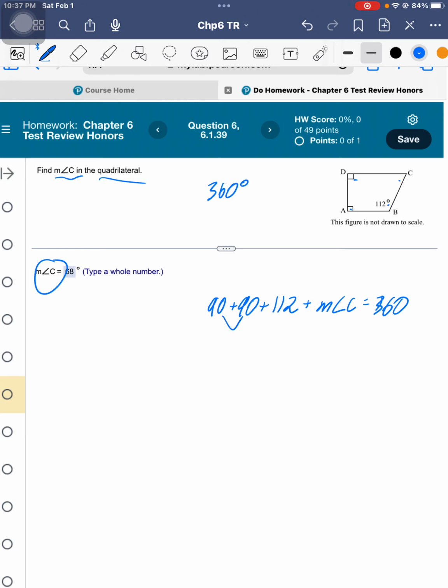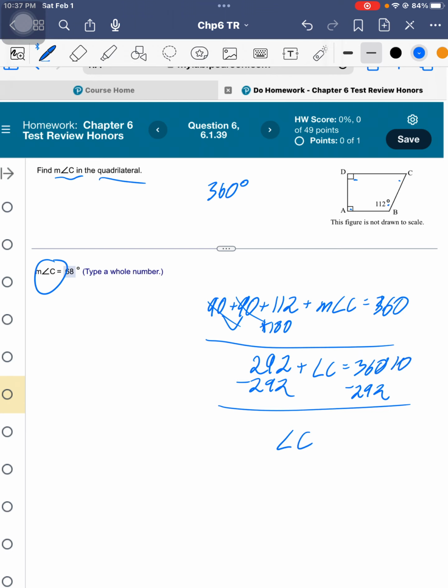So this is 180, 180, right? We're getting rid of this to put it up here. 292, 360. Let's subtract 292.